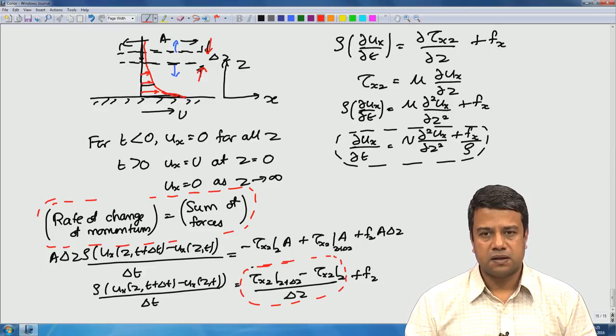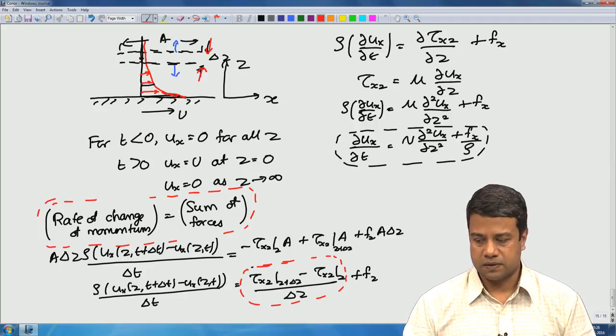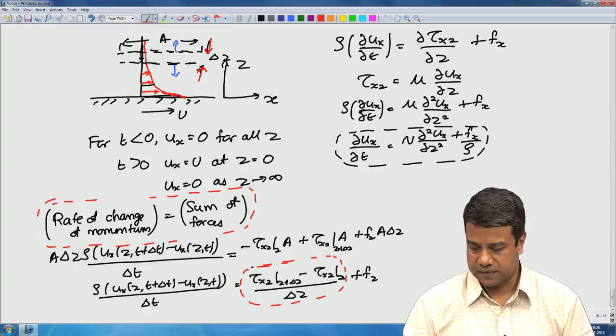Surface forces are the shear stress, the momentum diffusion across the surface. Body forces are forces like gravitational force, centrifugal force, and so on, which depend upon the volume of the fluid. So, the gravitational force exerted on a volume is proportional to the volume itself. You increase the volume, the force is higher.